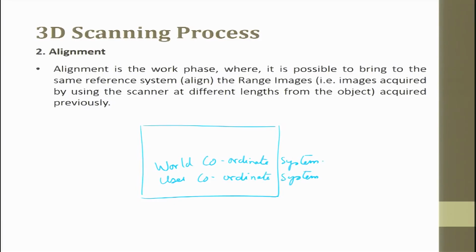You have a world coordinate system and a user coordinate system. So, what you do is collect the data in terms of the user coordinate system and then transform the data to the world coordinate system, so that you can have proper referencing of the features in a part in terms of user and world. For example, you have an object.